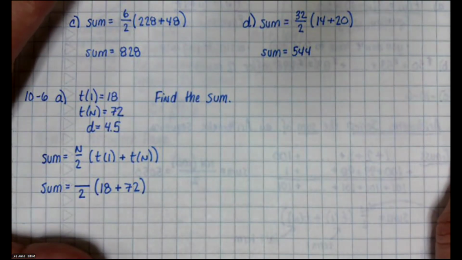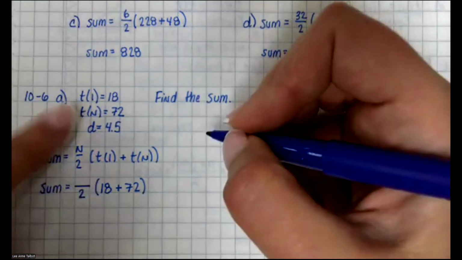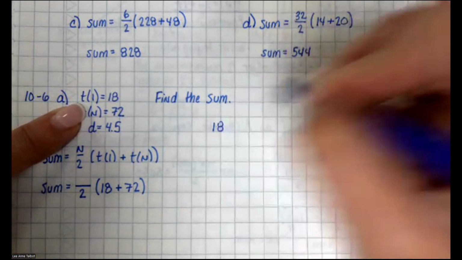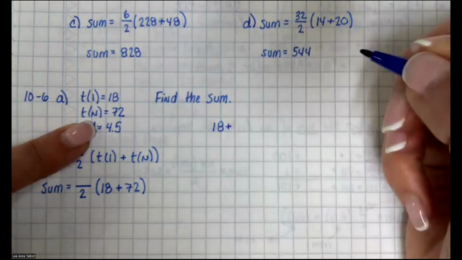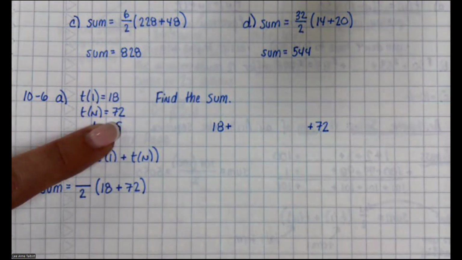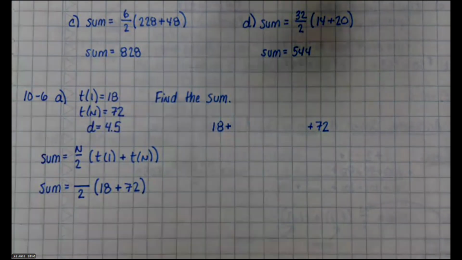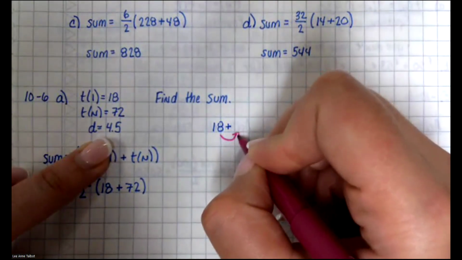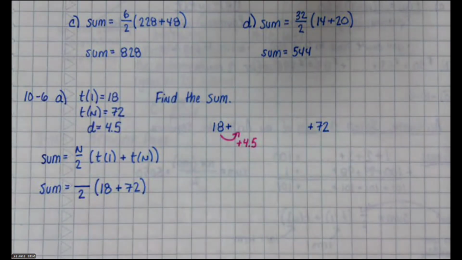It will give you every single term and every single term number. Whatever you want, it will give it to you. So this is telling me that the first term is 18. This is telling me the last term is 72. And this is telling me that the growth is 4.5.